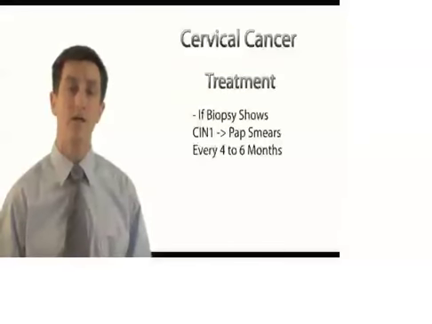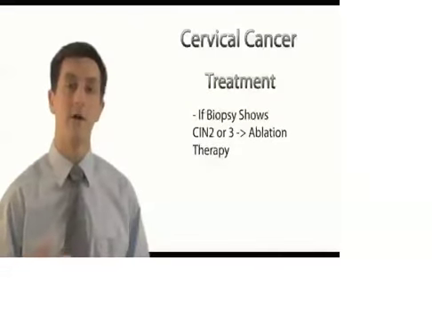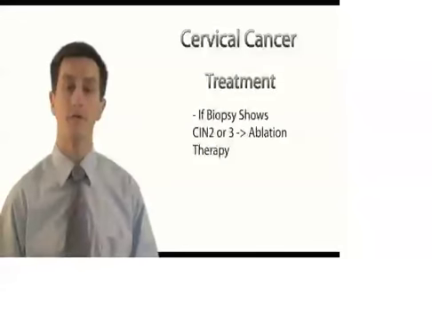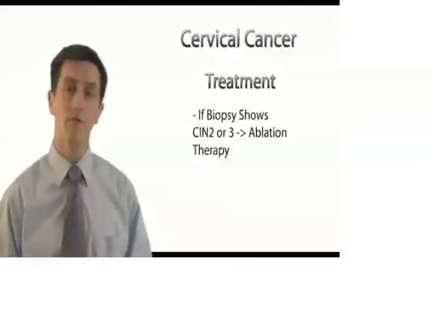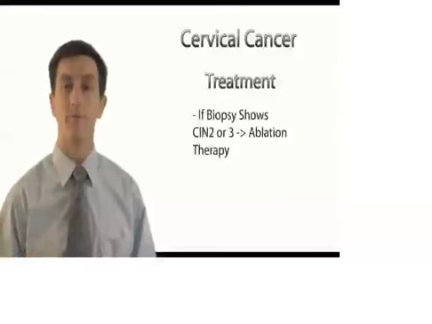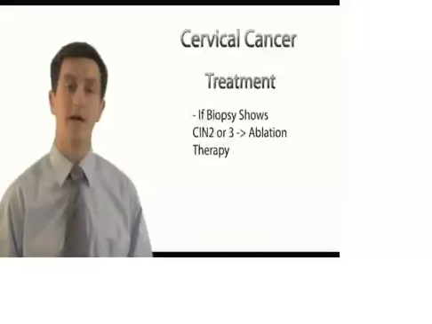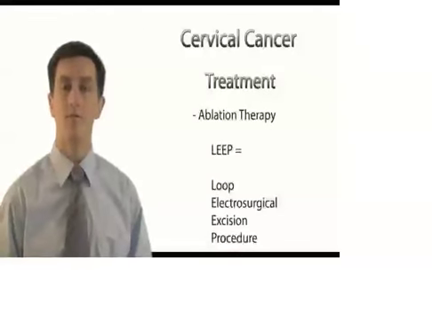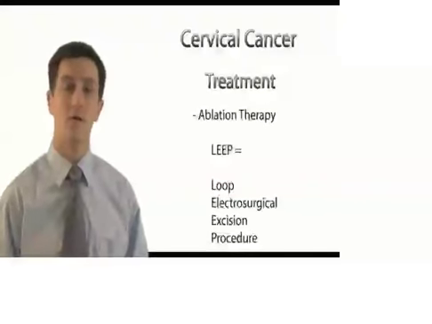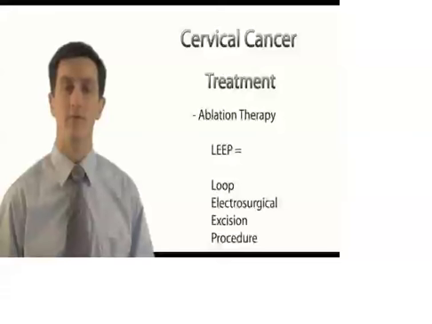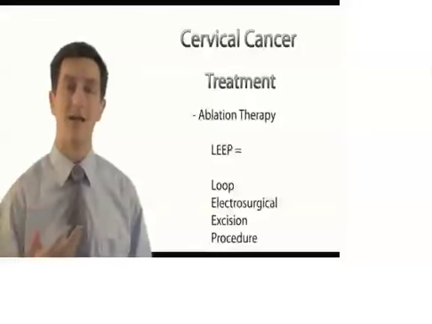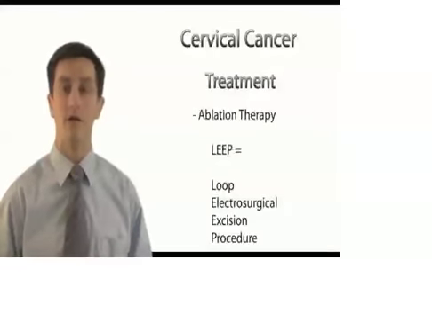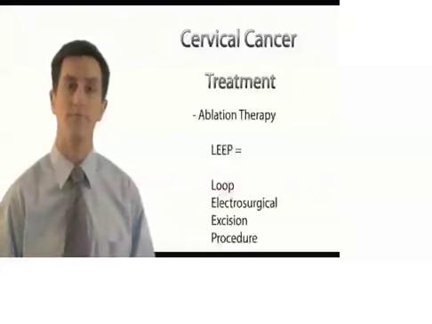If you have CIN 2 or 3, which is a slightly higher precancerous lesion of the cervix, those will generally undergo what's known as ablation therapy, perhaps the most common type being the LEEP procedure, which stands for Loop Electrosurgical Excision Procedure, and ultimately results in taking a very small rind of the cervix out to remove that precancerous lesion.